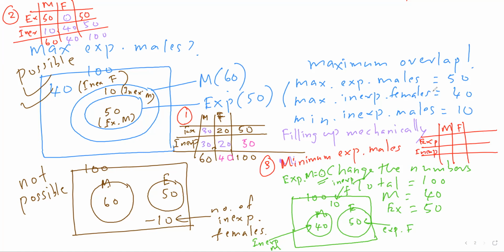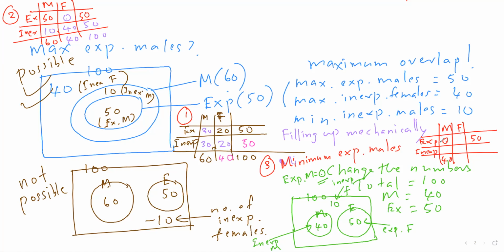What you were given is that the number of men were 40, and that the number of experienced people are 50 again. But the original information given was the minimum number of experienced men. So that means the number of experienced men is actually 0.